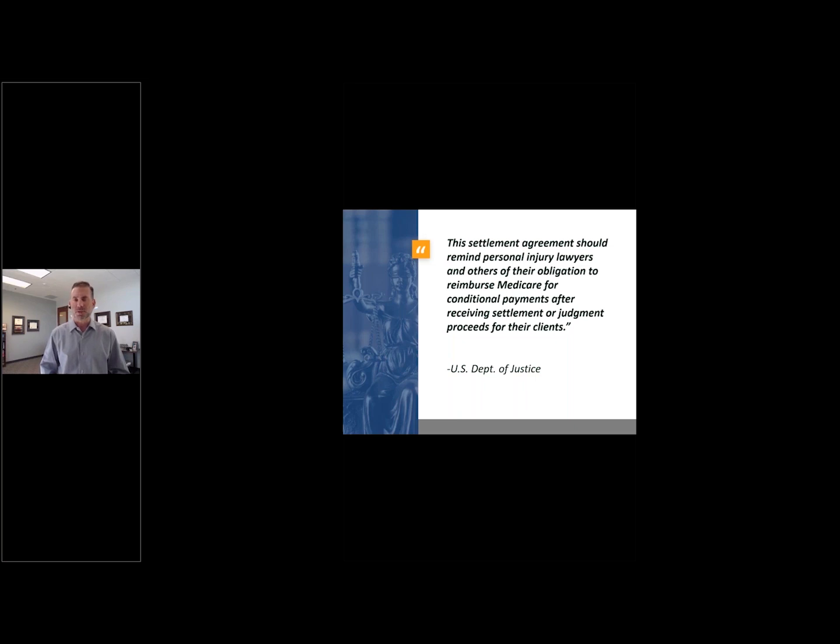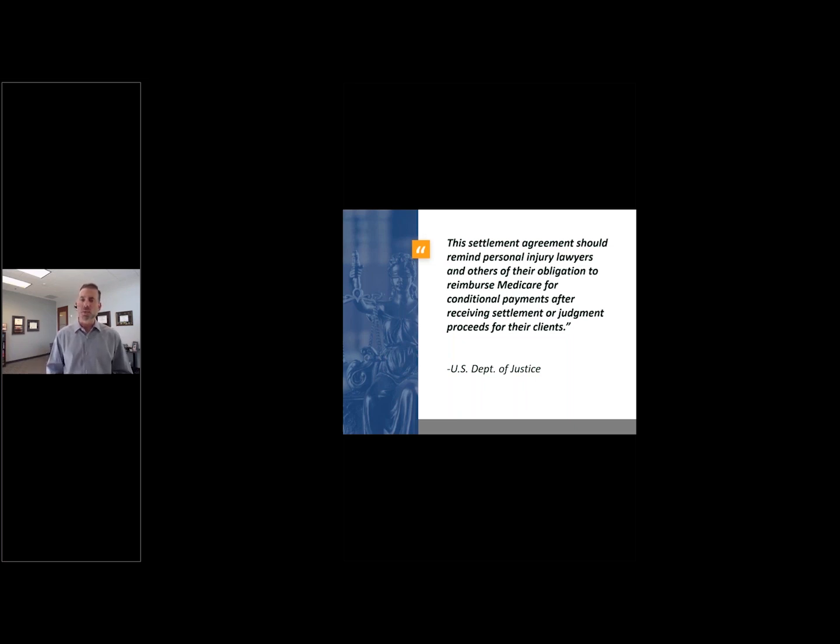was not properly reimbursed. And the DOJ put out a statement associated with both of them, and it said the settlements should remind personal injury lawyers and others of their obligation to reimburse Medicare for conditional payments after receiving settlement proceeds for their clients. Pretty cut and dry, pretty clear.